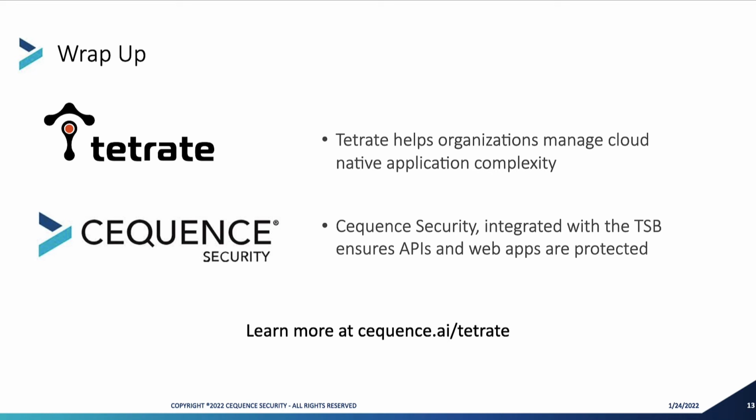So with the partnership that we've established with Tetrate, you're going to get the ability to manage cloud native applications, manage their complexity, simplify things a little bit. With Cequence integrated into the service bridge, we can help ensure that the web apps and APIs within those environments are protected.